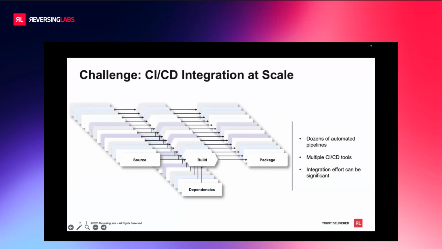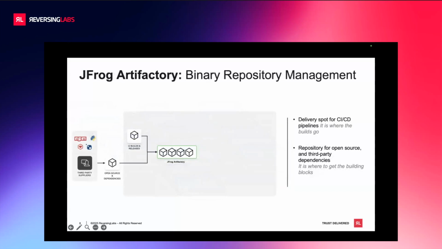So this is where we think binary repository management comes into play. So Dave, what type of binaries actually get stored in a solution like Artifactory? Yeah, so Artifactory is really one of the leading binary repository management tools out there. And it's used in a couple of different ways.